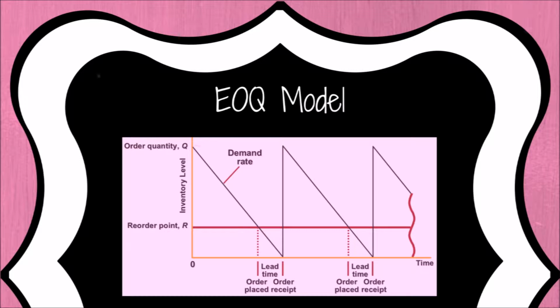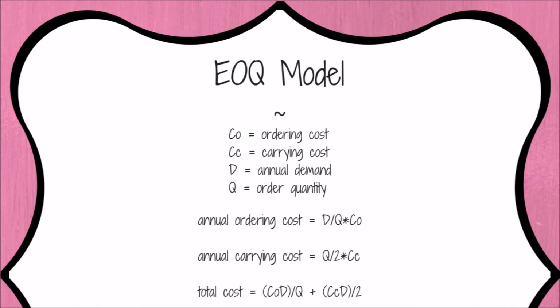This is especially important to keep track of since, as I previously mentioned, shortage costs must be $0. Hence, inventory can never go below 0. If you look at the lead time, you can see the inventory level rises again immediately after the receipt of an order. And as I said before, the lead time is the time between the order being made and the order being received.